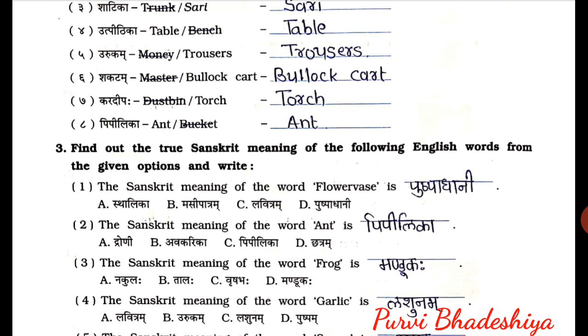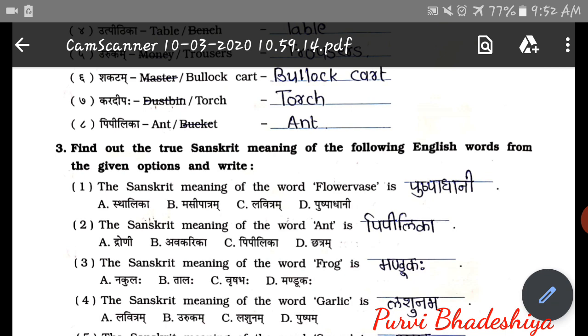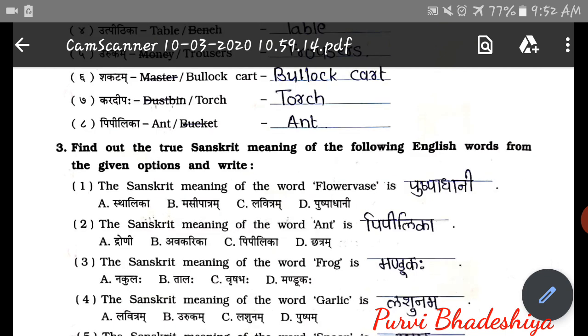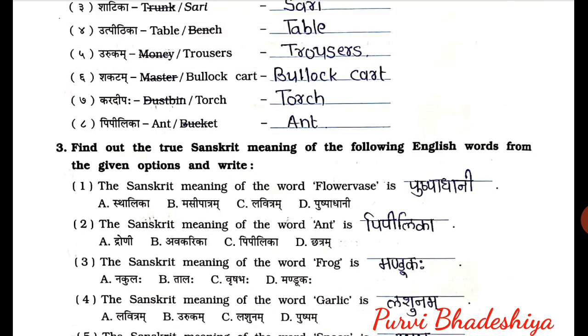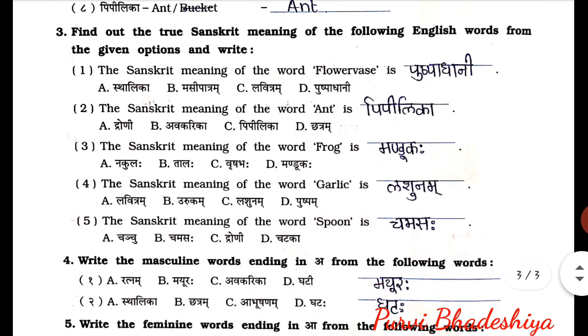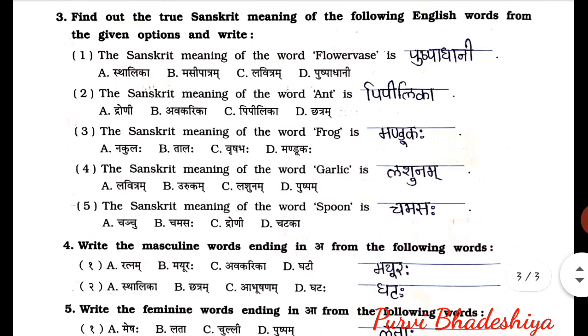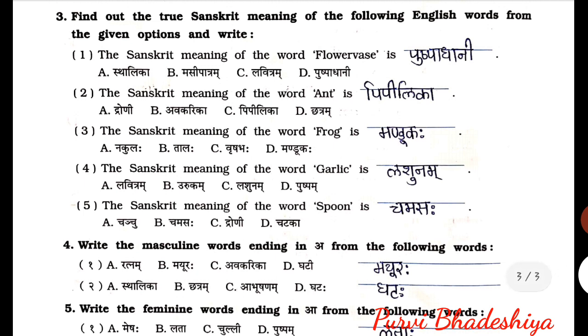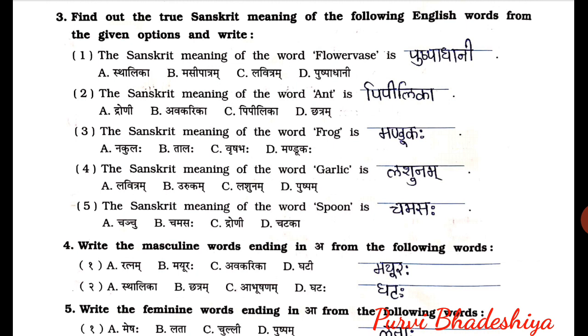Two options are given, ant and bucket. So the correct answer is A-N-T, ant. Now third number, find out the Sanskrit meaning of the following English words from the given options and write. Third exercise is, we have to find out the true meaning of the Sanskrit word and write down in a given space.